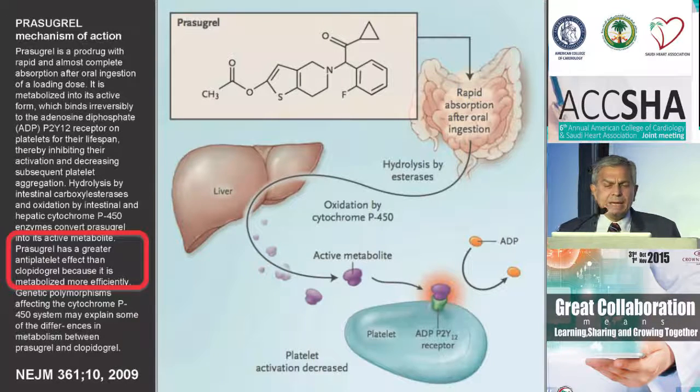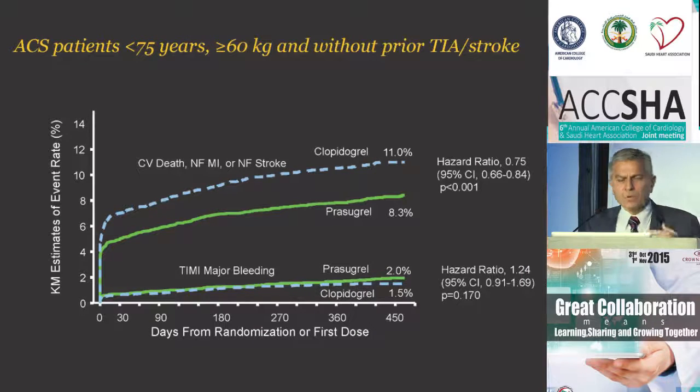And in a randomized comparison in TRITON-TIMI 38, randomizing prasugrel to clopidogrel, there was benefit in terms of cardiovascular death, MI, and stroke, but this was at the expense of increased TIMI major bleeds. However, when patients over 75 and under 60 kilograms were excluded, we were left with ACS patients under 75, over 60 kilograms, without prior TIA and stroke, who showed benefit without an increase in TIMI major bleeds.